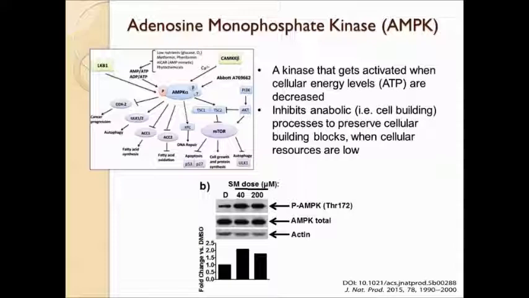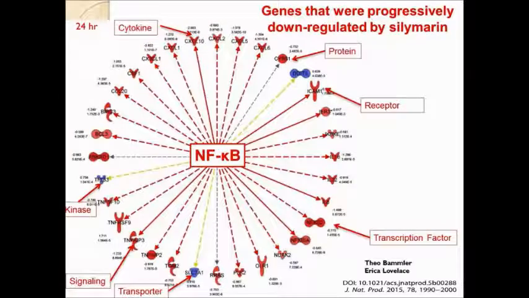So that's the first half. AMP kinase activation is associated with many of these genes that are upregulated and stay regulated during the time course of this experiment. On the other hand, for the genes that were progressively downregulated by silymarin, Theo Bamler, who's here at the UW, and Erica worked out some bioinformatics analysis.